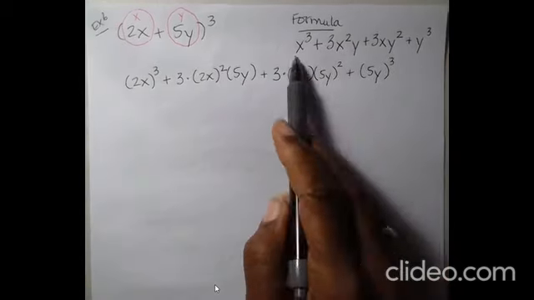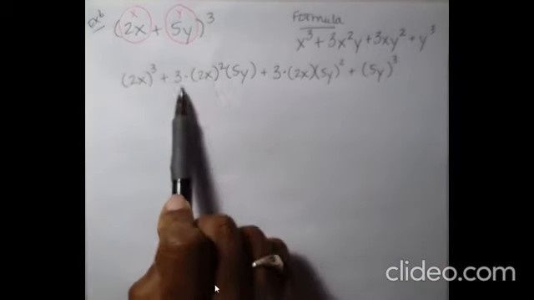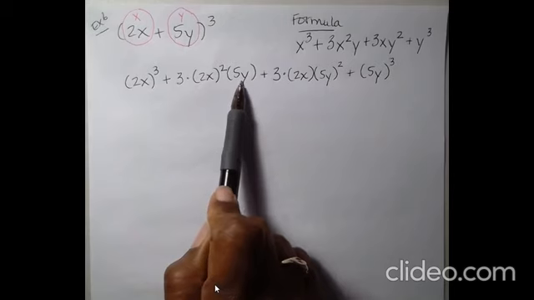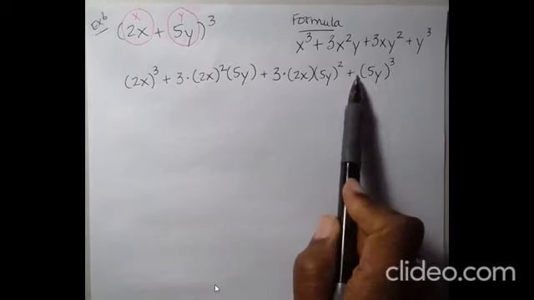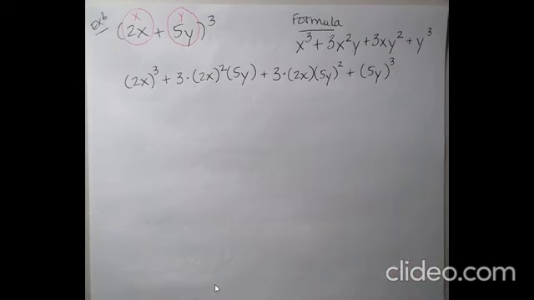I've taken the first term cubed plus 3 times first term squared, second term, plus 3 times first term, second term squared, plus second term cubed.